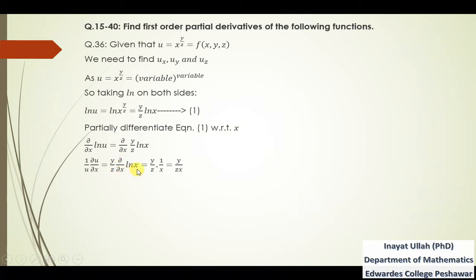The partial derivative of log of x with respect to x is 1 by x, so it is y by z x. So 1 by u del u by del x is equal to y by zx.